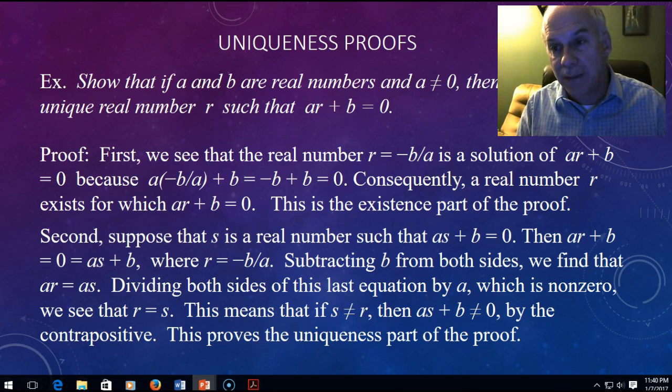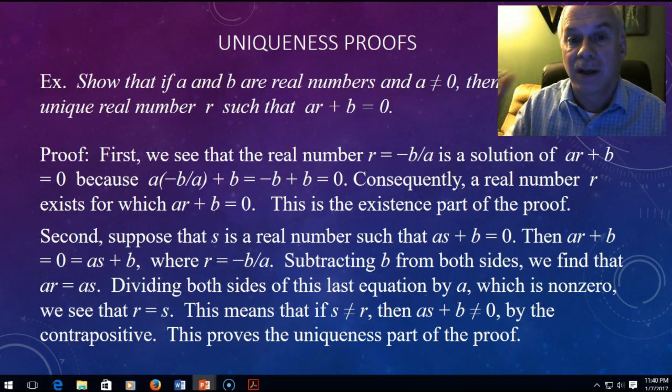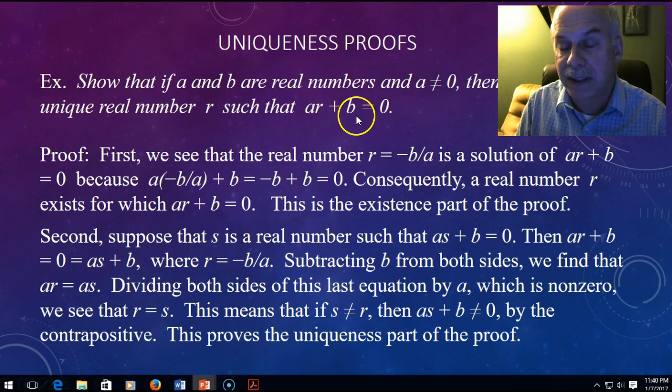So that means that it's not another one. So we basically have proven that there is not another unique real number so that ar plus b equals 0. Okay.